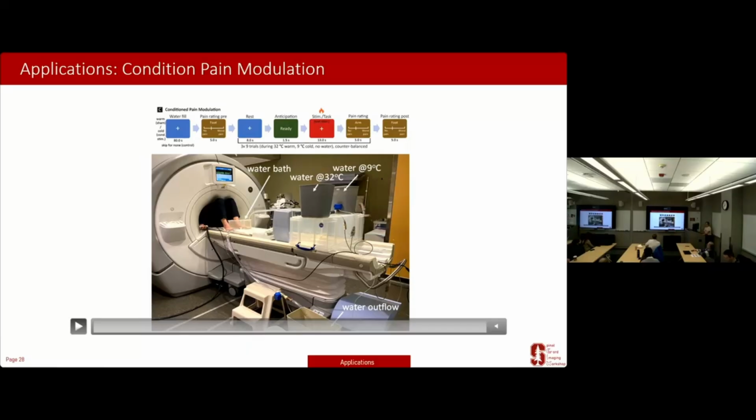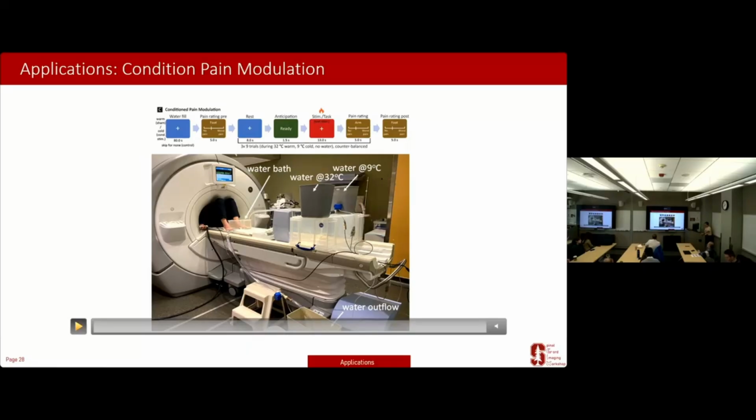But we don't want the cold water to just sit around for 4 or 5 minutes, because the water will get warmer. So every once in a while, the valve will open and close, so we get a little fresh water in the foot bucket, and then we have to get some water out so that it doesn't overflow. The order of cold and normal water is randomized.